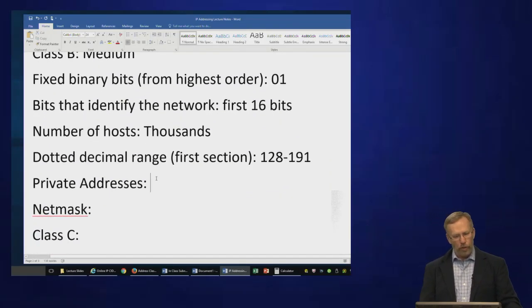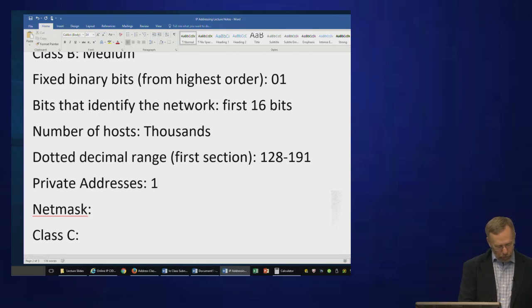The private address range for Class B networks goes from 172.16 to 172.31.